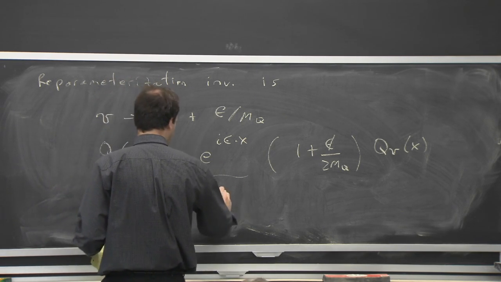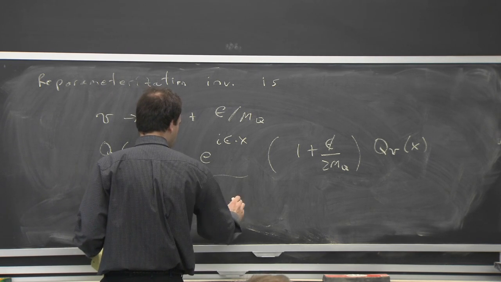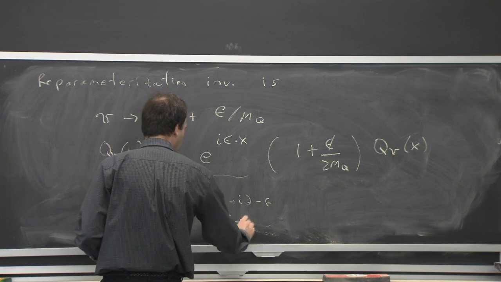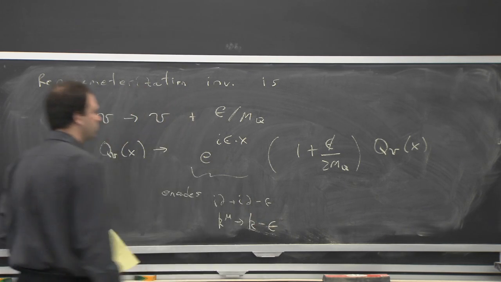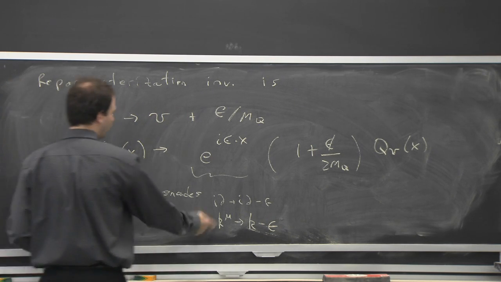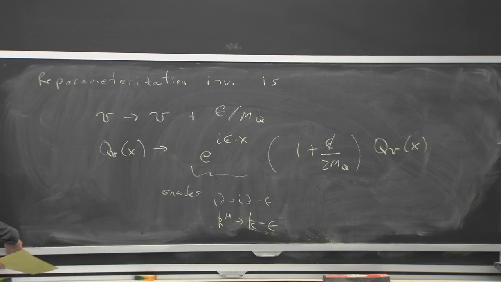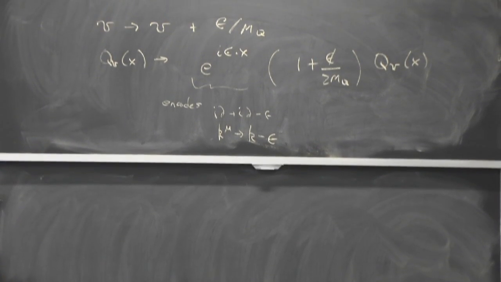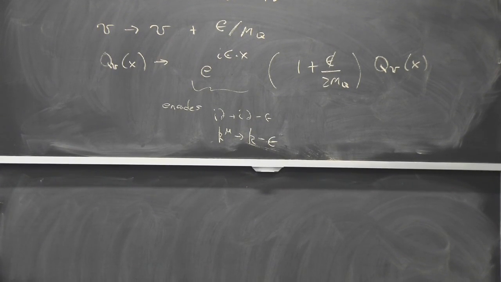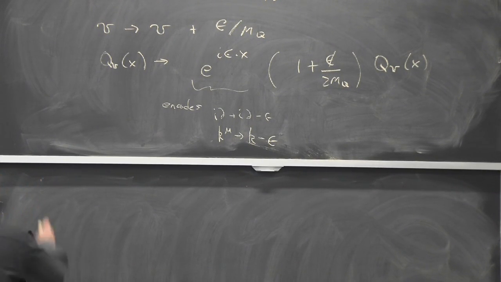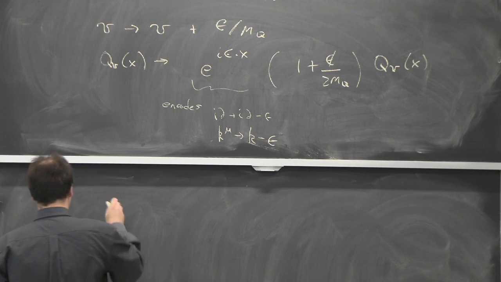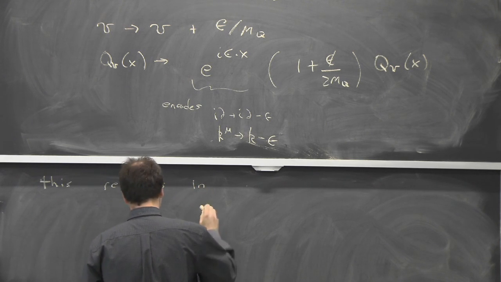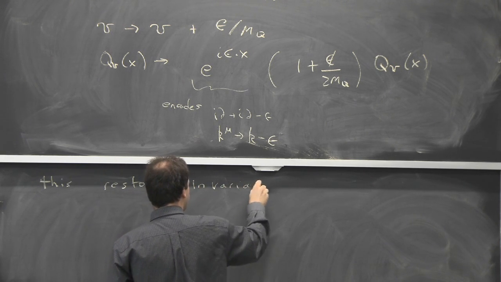And that extra phase factor is exactly what encodes the change of k. So this, if you like, encodes that derivatives should go to derivatives minus epsilon, or in momentum space that k should go to k minus epsilon. Okay, so previously we had a rule for k, but now I've encoded that in this phase. So that's the symmetry that we should look into. What this does is it restores invariance under boosts, but only small boosts.